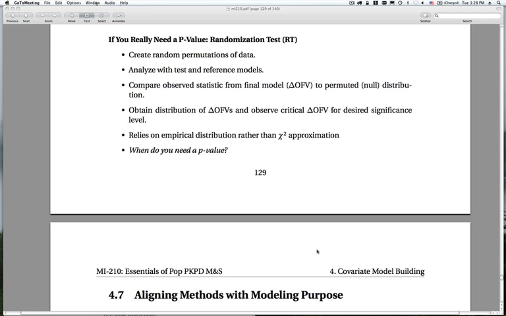And we'll talk about this in the model evaluation lecture, but it is quite an arduous and compute-intensive process. So you really have to think about when do you really need a p-value for a covariate effect. That's not how we will interpret the result anyway. So really making inferences based on effect estimates and the precision around those estimates is much more relevant.